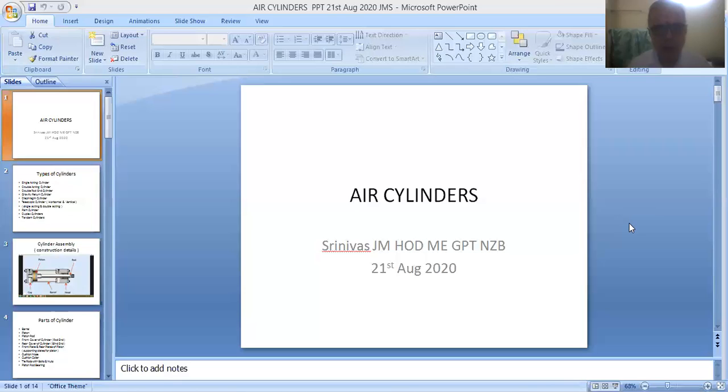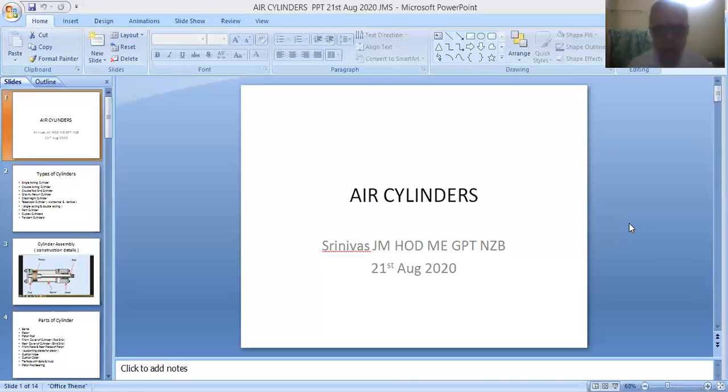And if it is used for operating a pneumatic circuit, it is referred to as a pneumatic cylinder or air cylinder.